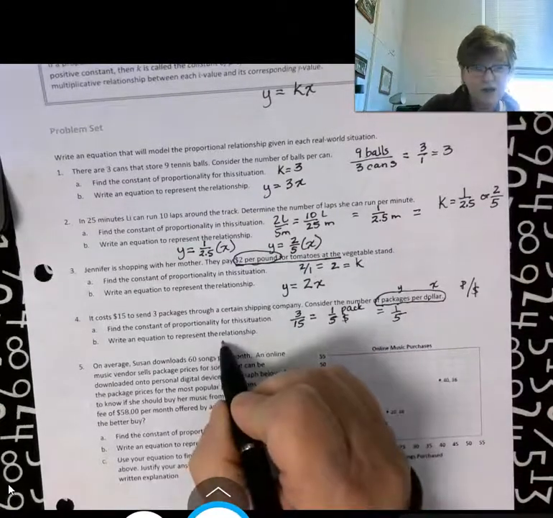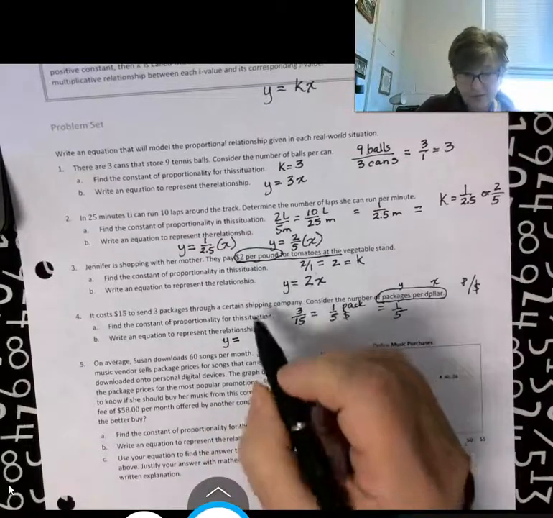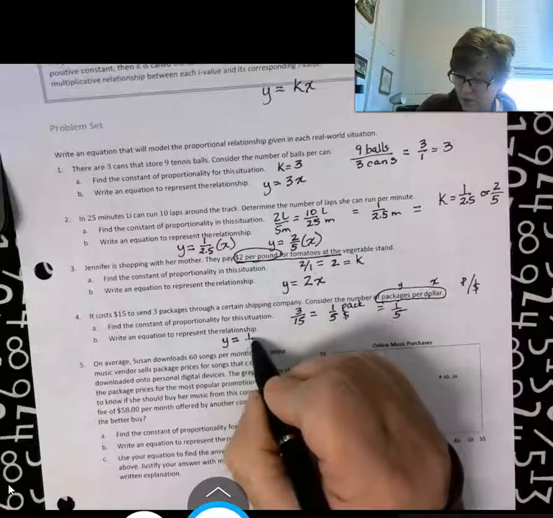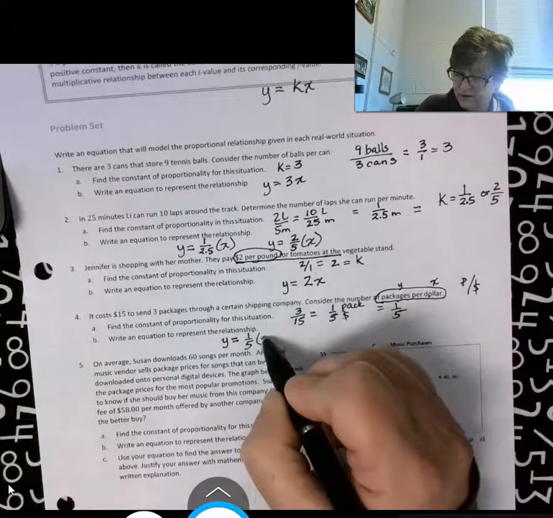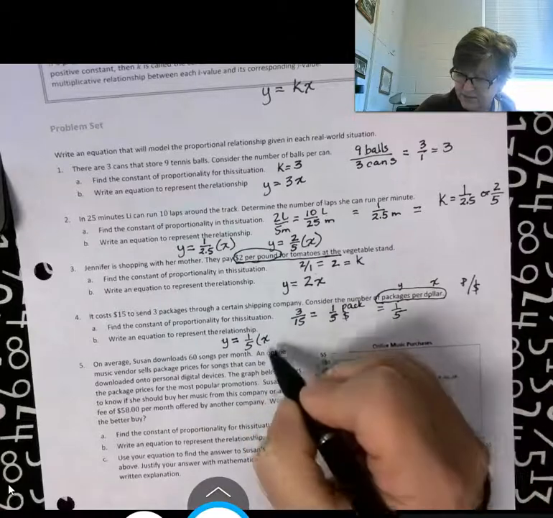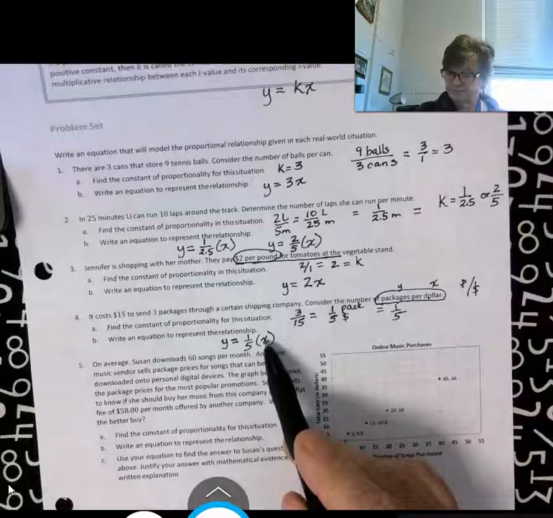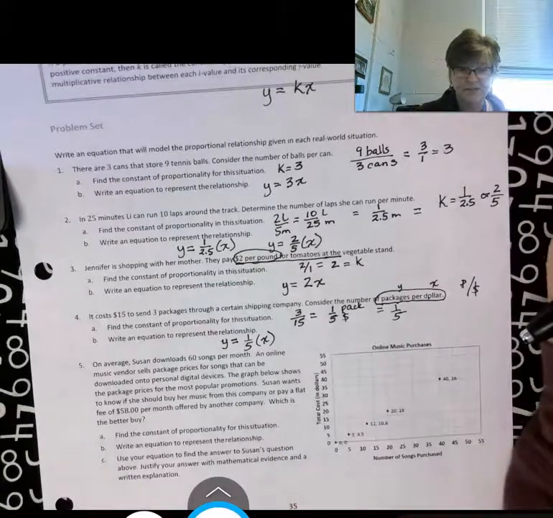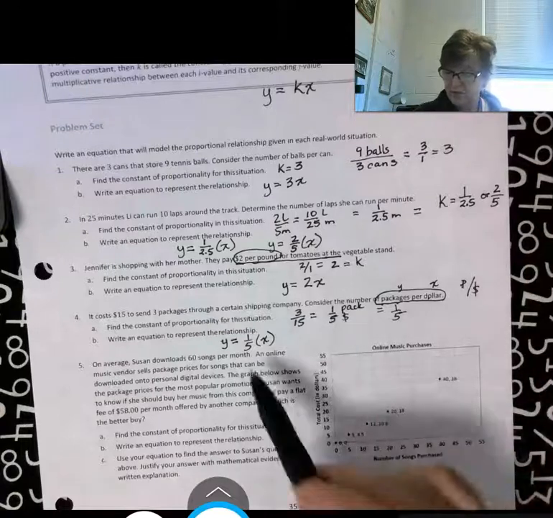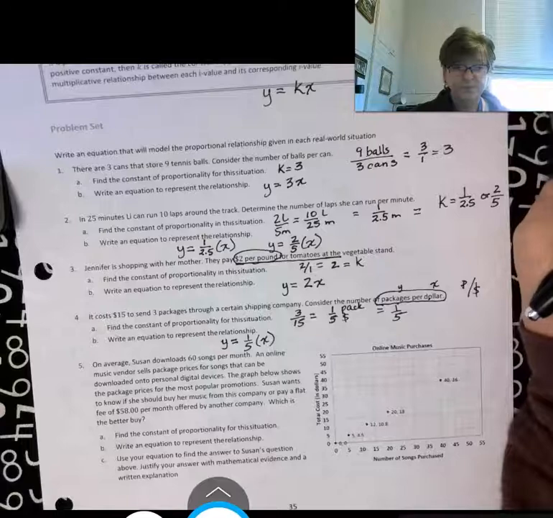So my equation becomes y equals 1/5 times x. So the number of packages. All right, so how are we there? Is that making sense? And that would be my equation. So let's keep moving.